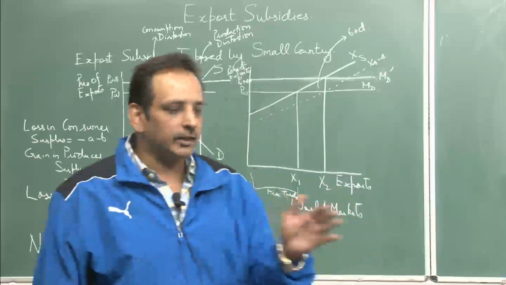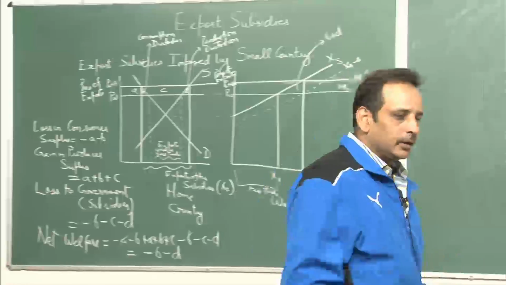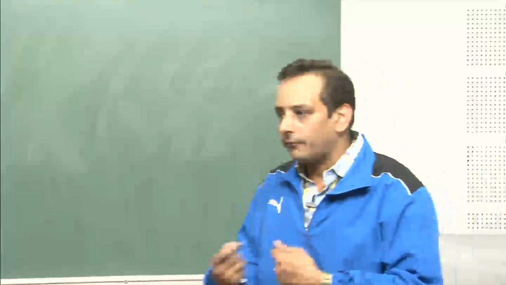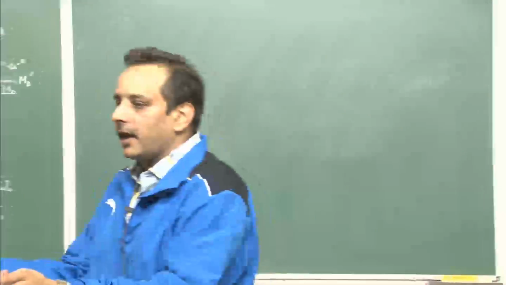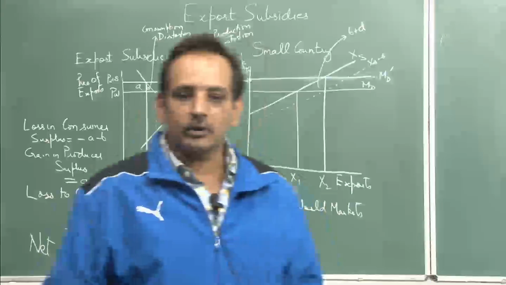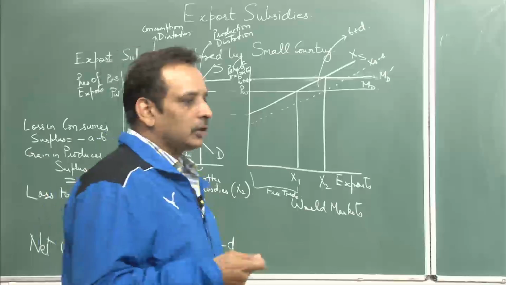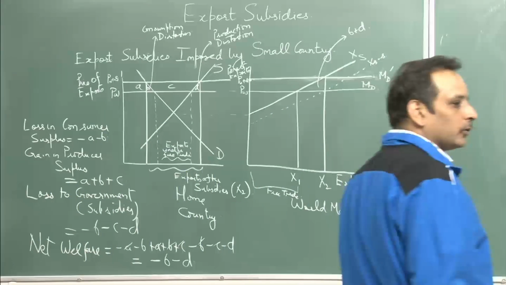Even in the WTO people have been arguing that we should dismantle the export subsidies, and if you have to give the aid, just give the cash. Cash transfers are better than food aid, because at the end it creates distortions and the world welfare goes down when you give the export subsidies.